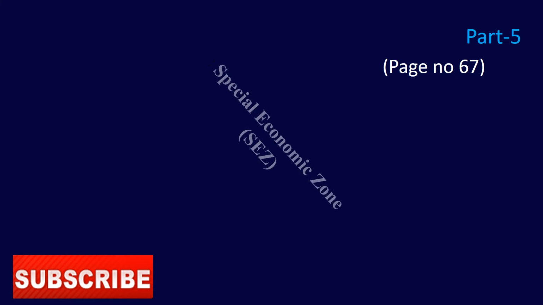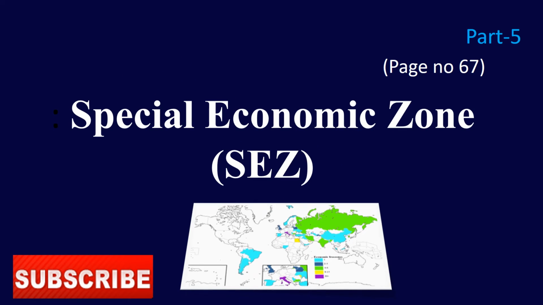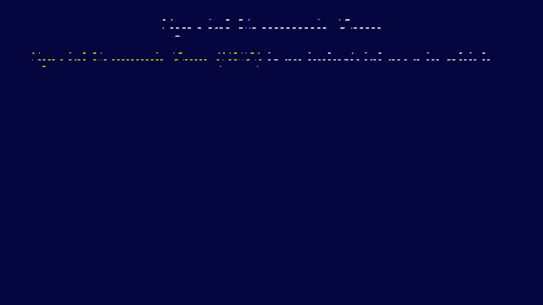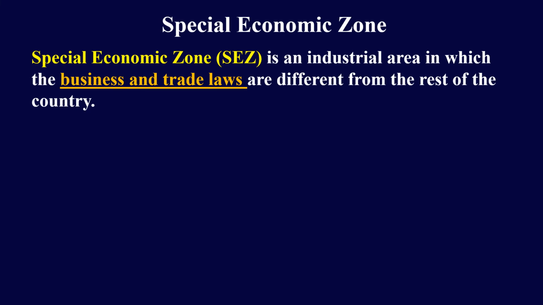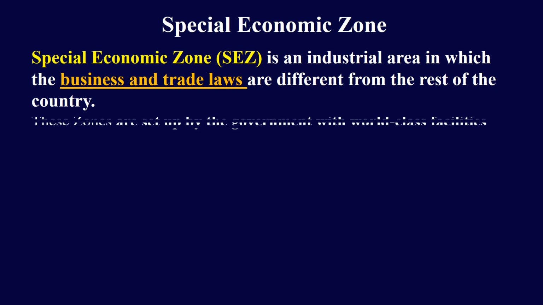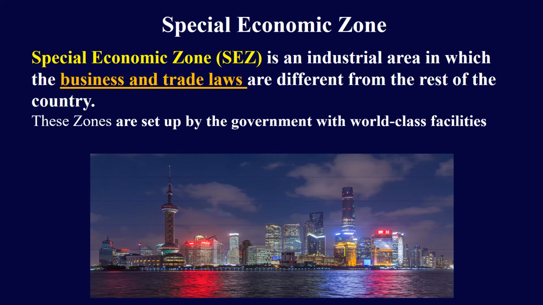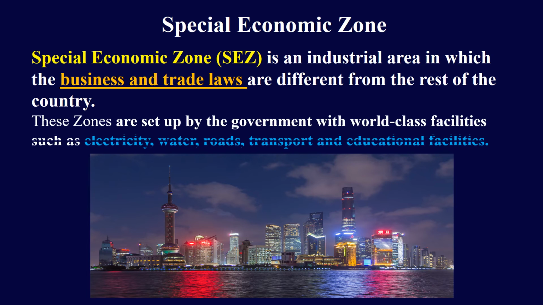The Special Economic Zone or SEZ. A Special Economic Zone, or SEZ, is an industrial area in which the business and trade laws are different from the rest of the country. These zones are set up by the government with world-class facilities such as electricity, water, roads, transport, and educational facilities.